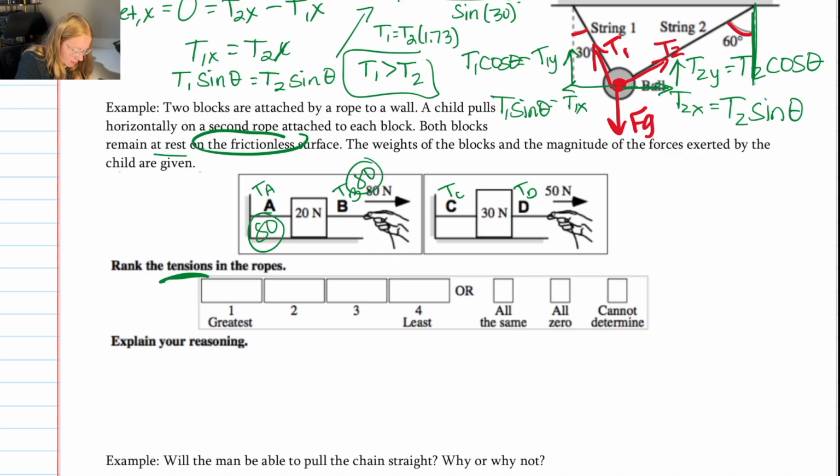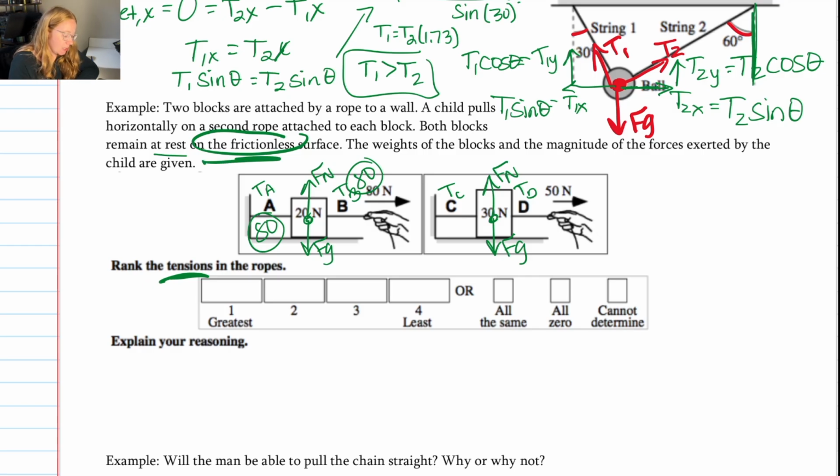In the next example, it does have a different mass. This one's 20 newtons, this one's 30, but remember, gravity and normal force act in the y direction. Tension is acting in the x direction. So just because one weighs 20 newtons and the other weighs 30, it's really not going to make a difference for tension because the x and y act separately.